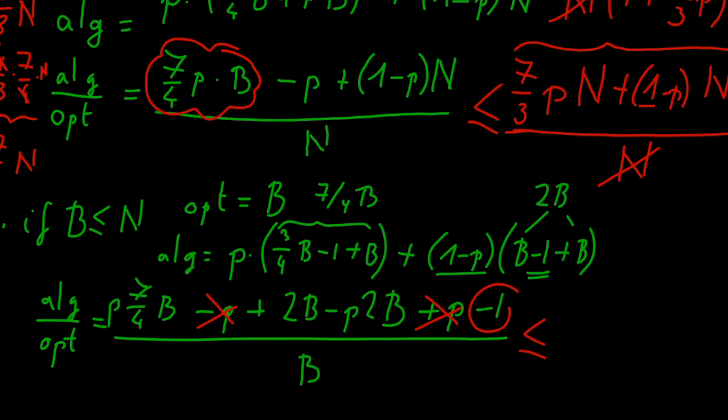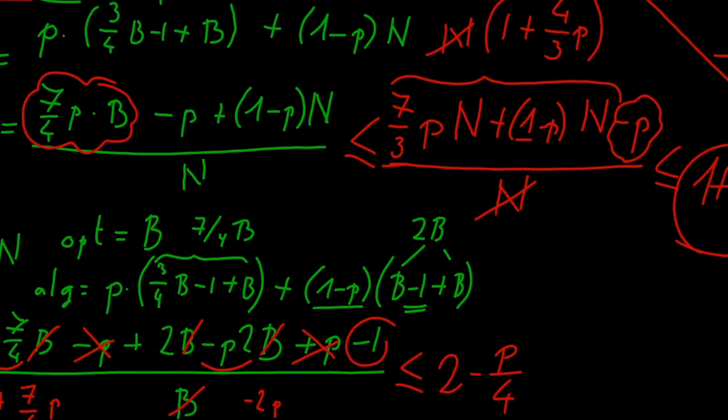Then if I cancel out these b's from all the terms, I will get 2 minus 2 p, plus 7/4 p, and of course since 2 is 8/4, this is 2 minus p divided by 4, and that's an upper bound for this ratio. So that's the third one.